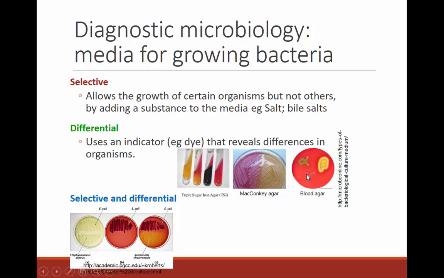Sometimes we can differentiate in other ways. This one, I don't know if you can see it very clearly, is blood agar. It's agar with blood in it, and I'm fairly sure maybe it's this week that you will subculture onto blood agar. Some organisms will send out enzymes that break down the blood cells. You can see with this particular one, it's a B there, but there's a clear zone around it.